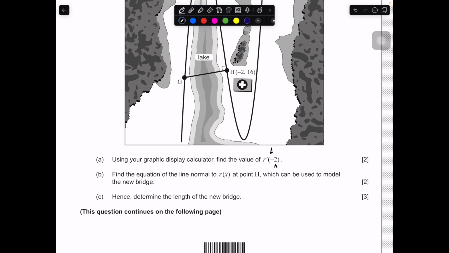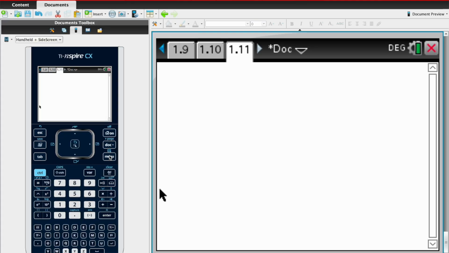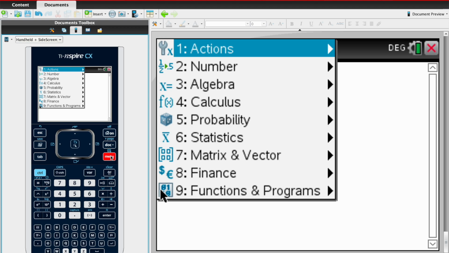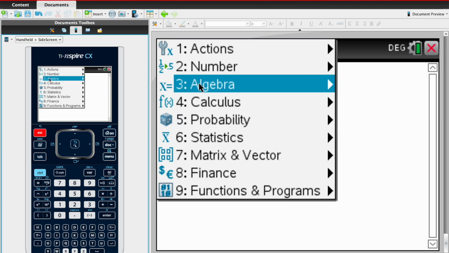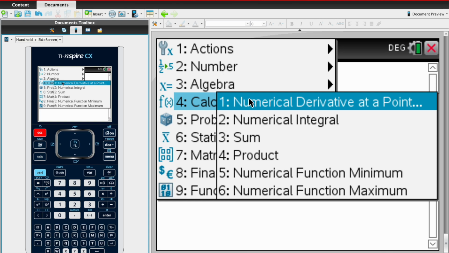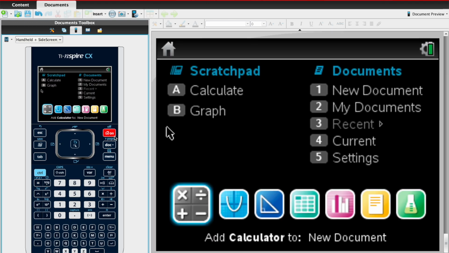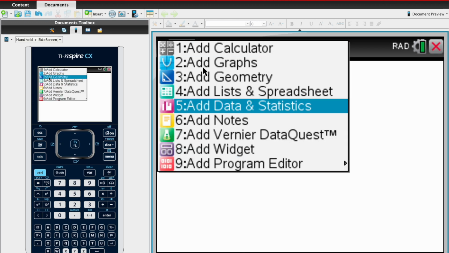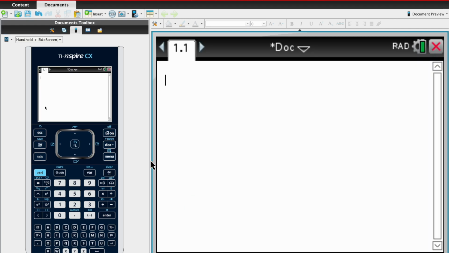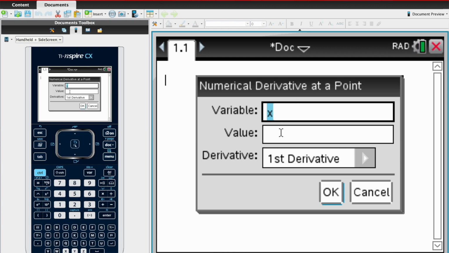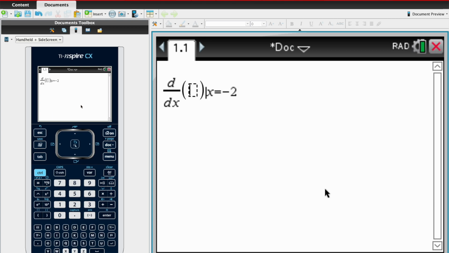So a few different ways we can do this. I'll show you both. Easiest way is going to be calculus. And we want to find the numerical derivative at a point. I've actually got to get a new document because it's a little cluttered. All right. Menu, calculus, numerical derivative at a point. We want to find the variable x, and we want to find it at -2, the first derivative. And now we have this notation, which is saying the derivative of what at the point x is equal to -2.